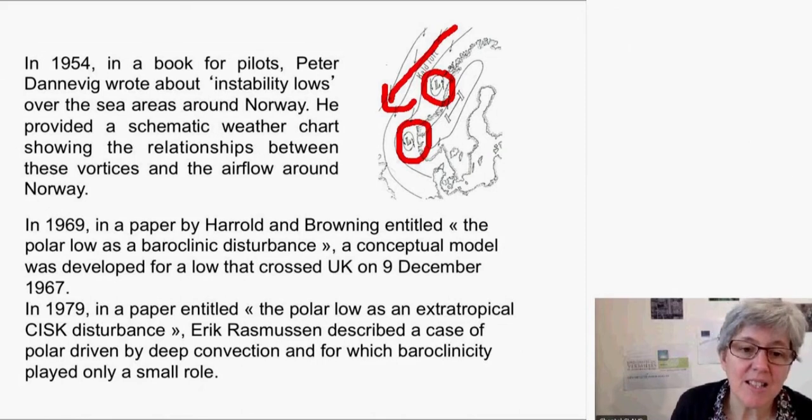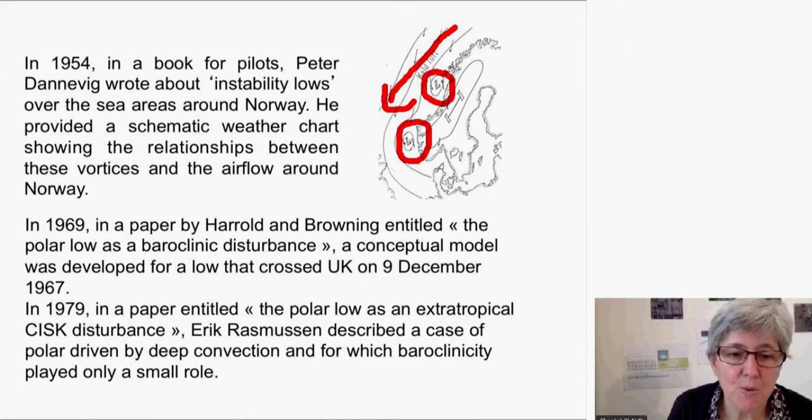But then Erik Rasmussen, who is a Danish scientist, had been traveling to tropical countries. And when looking at tropical cyclones, he realized that probably polar lows would be pretty similar to tropical cyclones.